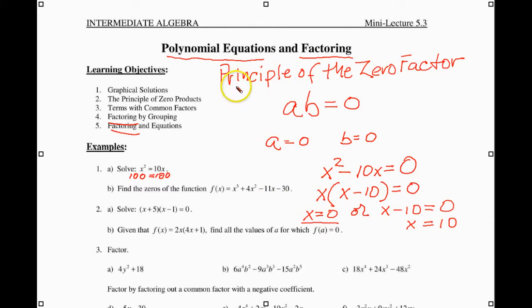But we will be using throughout this lesson the principle of the zero factor. So you should have all of this in your notes and maybe put a little star by that or 2 stars, because this is a very important principle that we will be using. And we'll be going through the stages of factoring here very shortly.